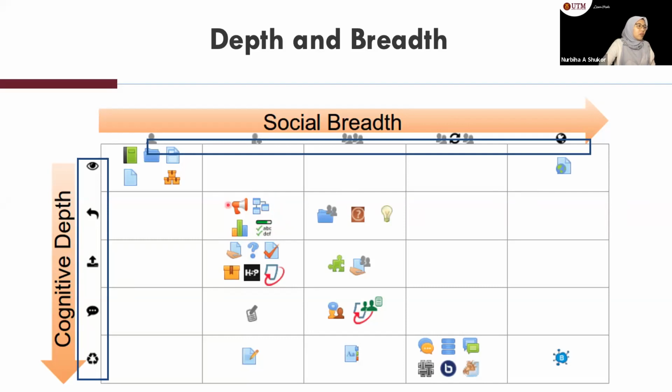If any of the student is engaged in any of this activity, they are engaged bersama dengan konten. Nampak ada gambar icon ni dengan ada gambar alamat tertutup kat sini. Ada gambar something kat sini. So they are engaged in content kat sini. Okay, and then level dia adalah 2. So ni garisan 2. Ni point dia 2, ni pun 2. Macam tu. So socially breadth dia dekat level 2, dia punya cognitive depth dia pun dekat level 2.